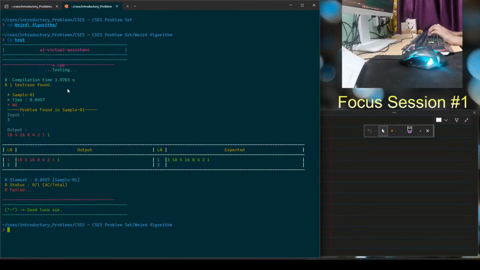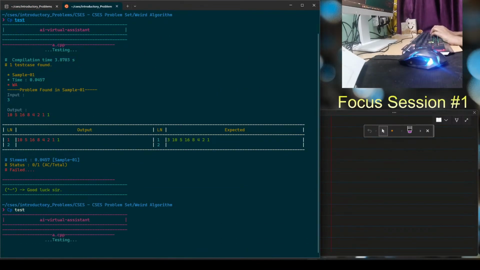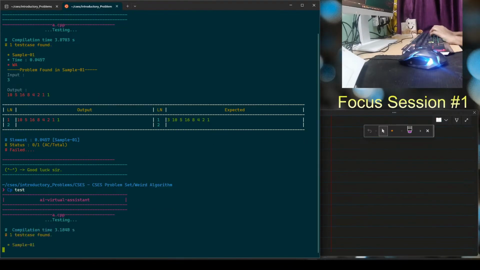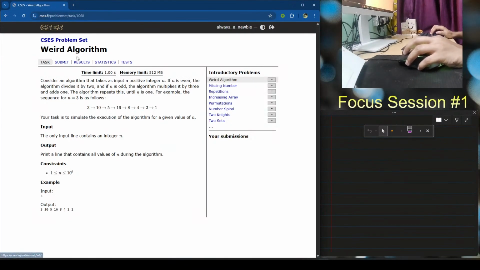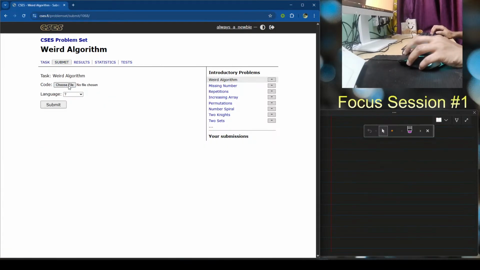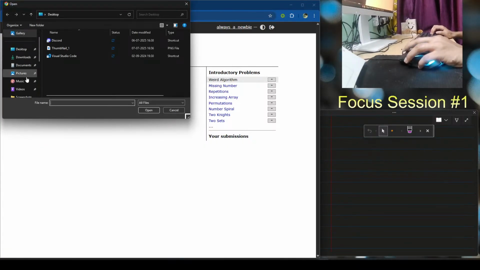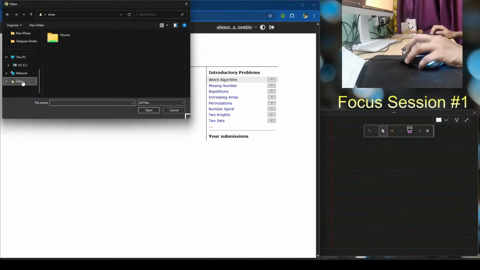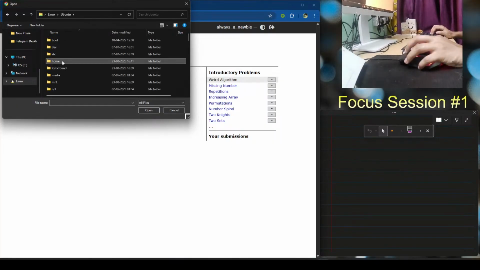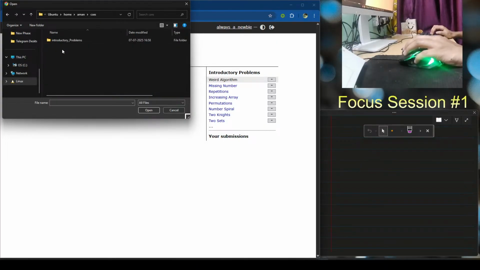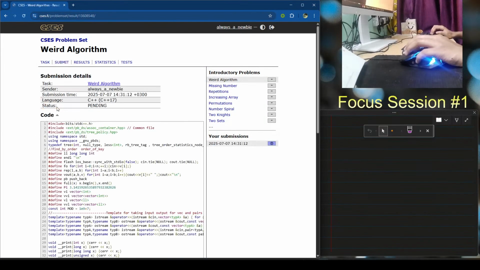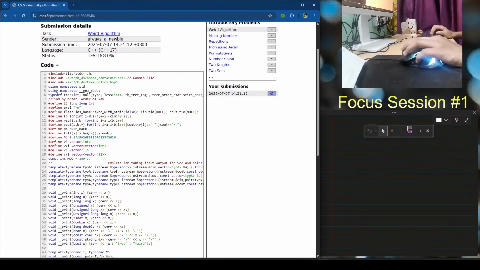Okay. Now it should work fine. Yeah. So let's try to submit this to CSES. Let's see if this works fine.